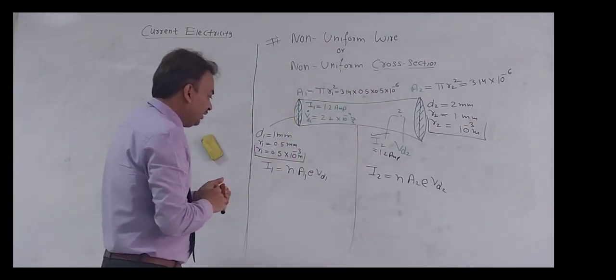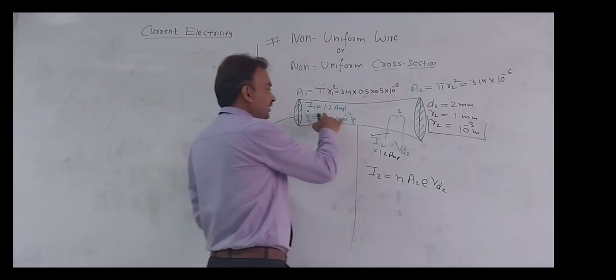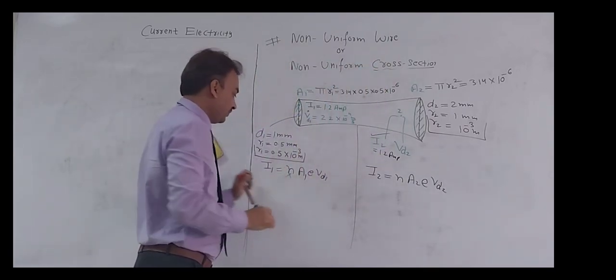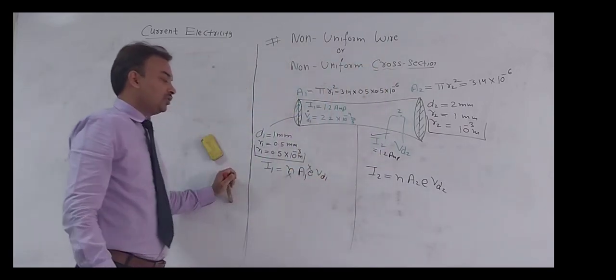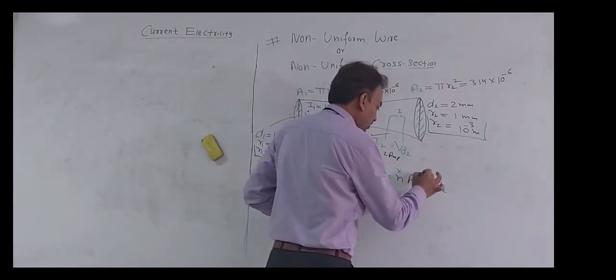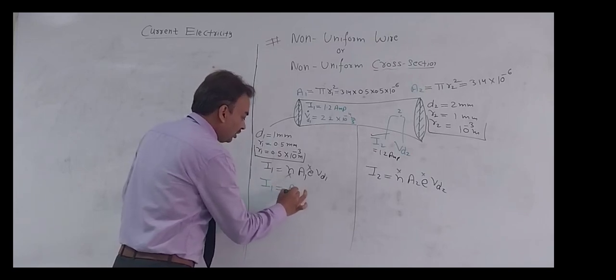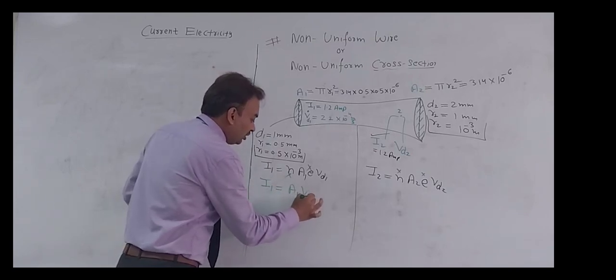You see, N is constant because the number density is the same everywhere, and the charge on the electron is also the same. So I will not take N and e. What is left? I1 is equal to A1 into VD1.